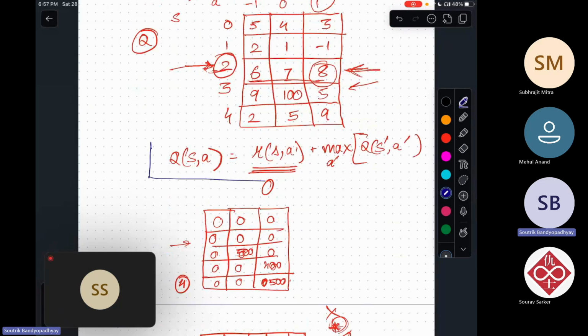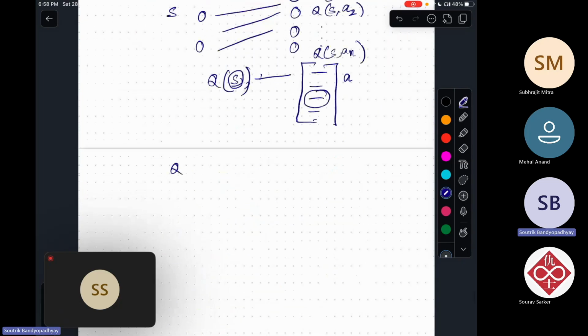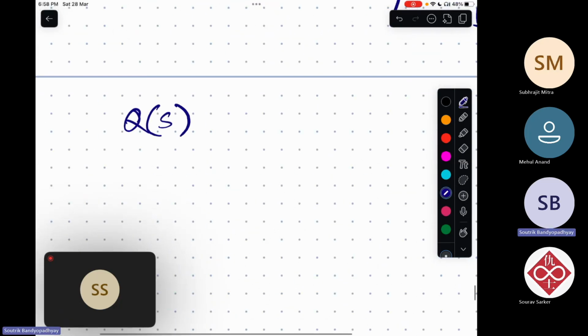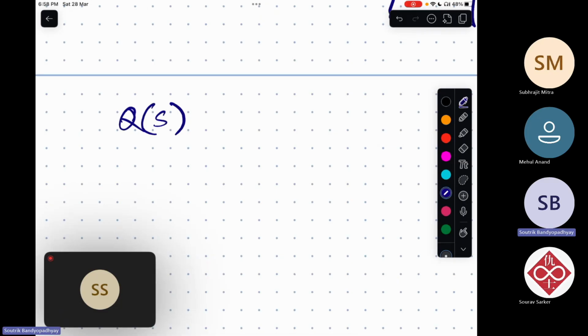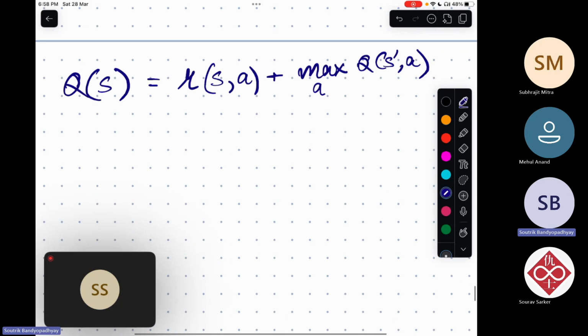The value of this Q function should satisfy this Bellman equation, right? So if I take the Q function and place it over here, and I write the Bellman equation, I observe that I need to do this sort of scenario, right?